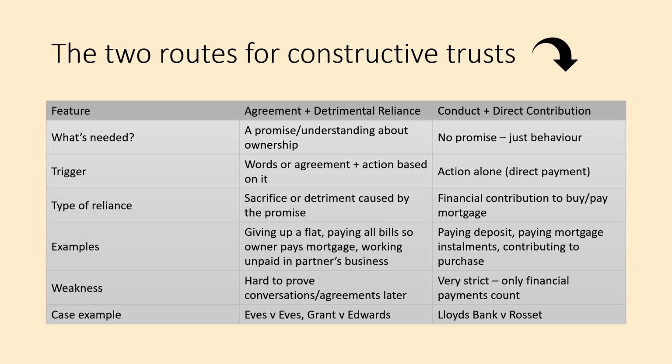So any kind of direct financial contribution to the property, like purchase money, paying a mortgage, paying the deposit to help out your partner. Okay, so this is really strict, as it just covers any kind of financial payments between spouses, partners, civil partners, and so on.